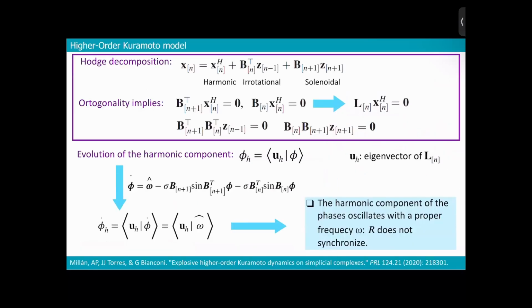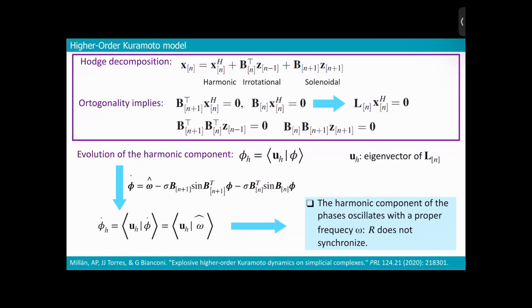Well, what's happening is that because the harmonic component is in the kernel of the Laplacian, it is not coupled by this higher order Kuramoto equation. So each of the harmonic components of the vectors, if you project them, they evolve only according to their proper frequency, so they will not synchronize.